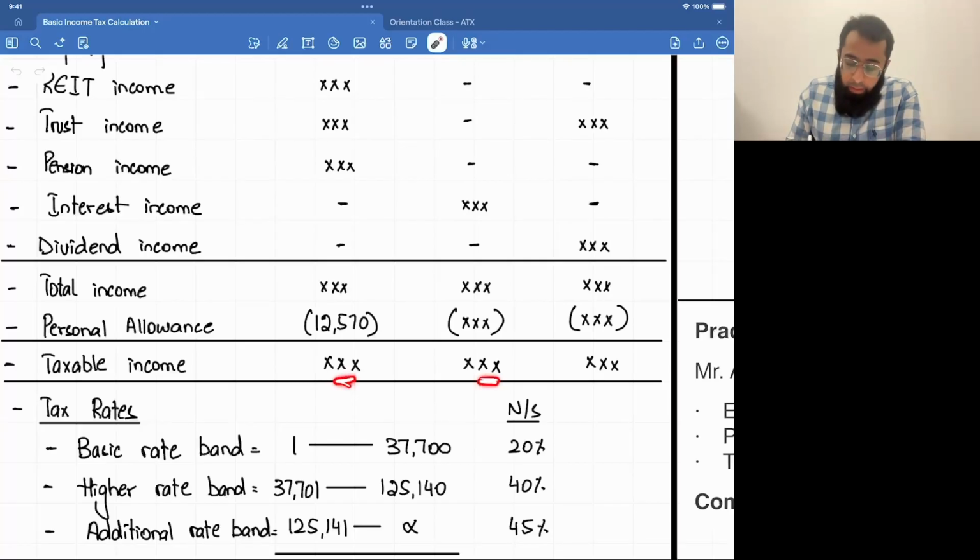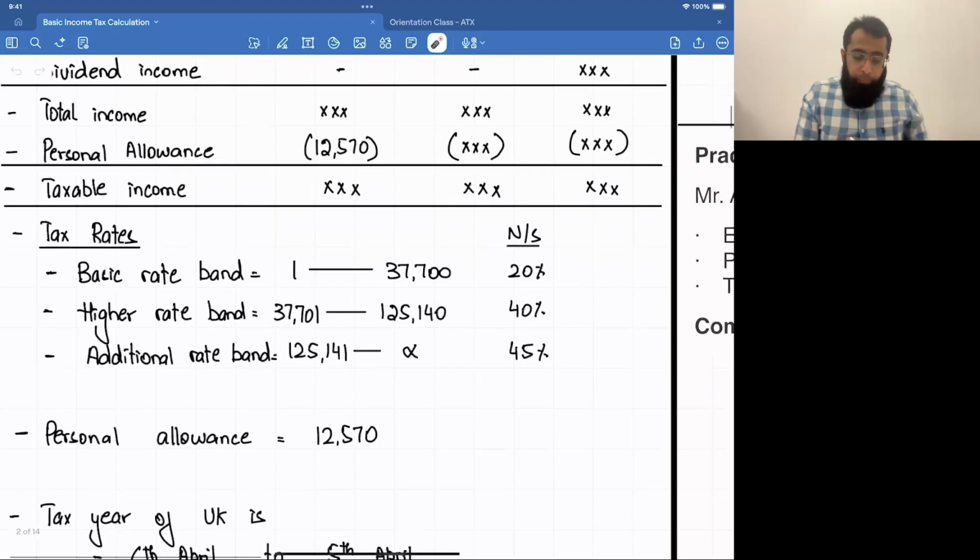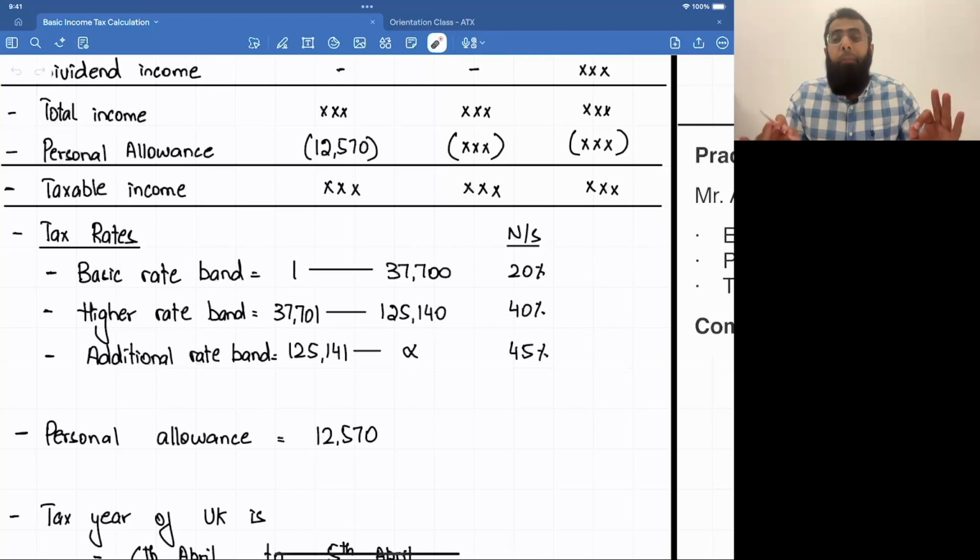On the taxable income, we apply the tax rates. Now, what are the tax rates? On the starting 37,700, which we call the basic rate band, the rate of tax is 20% for non-saving. Sir, what about saving and dividend? Patience, patience. We will study. We have just started.